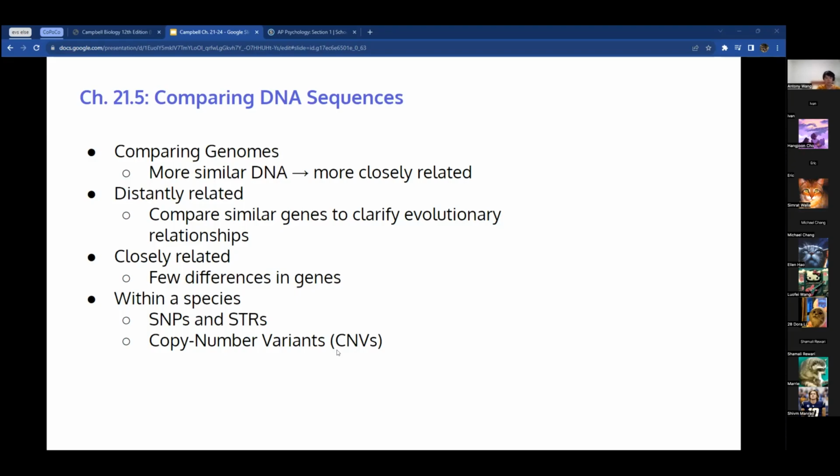So it'll start from the beginning and make a copy of what it was just making. That results in different numbers of short tandem repeats and results in copy number variants.